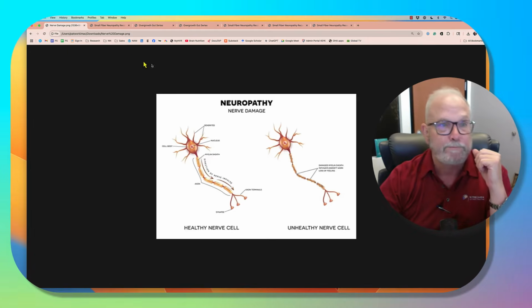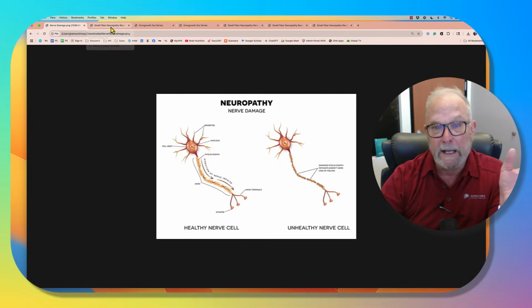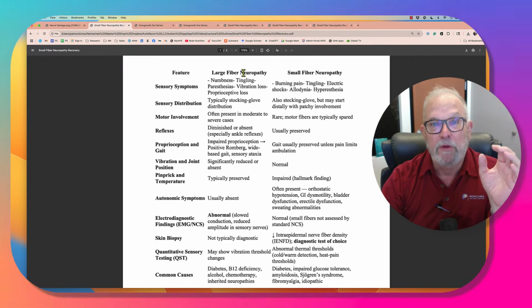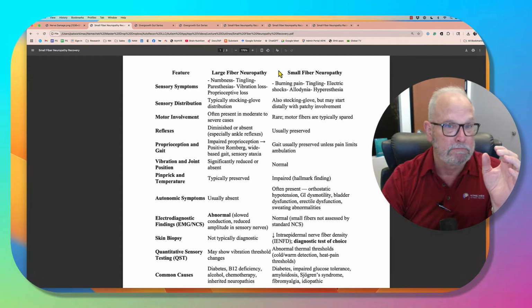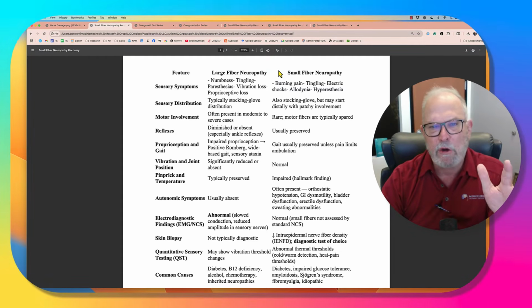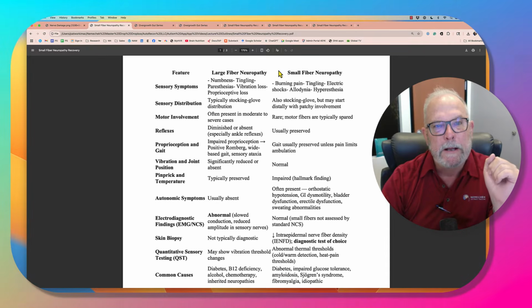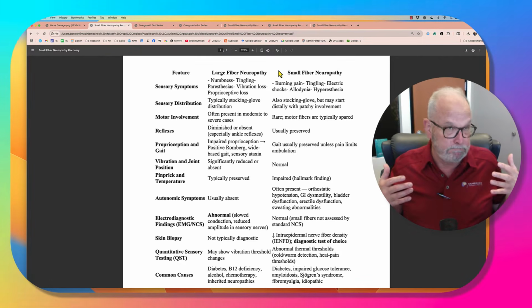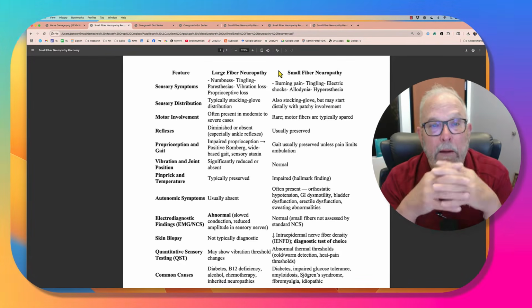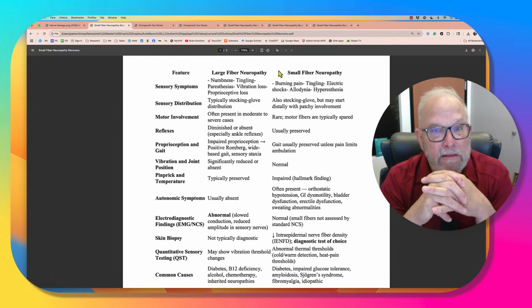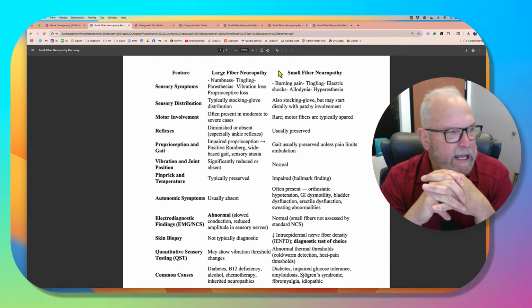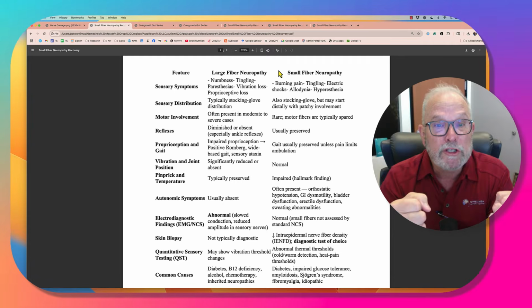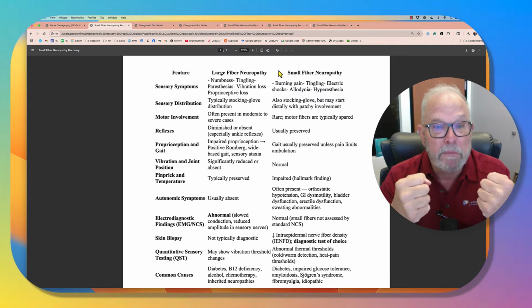Okay, now you can divide up neuropathies between large fiber and small fiber. There's a lot going on here, so I'm just going to point out some differences. Both of these tend to start from the toes and work their way up. Large fiber neuropathy, large fibers are often involved more in your motor function, and that can be a problem.